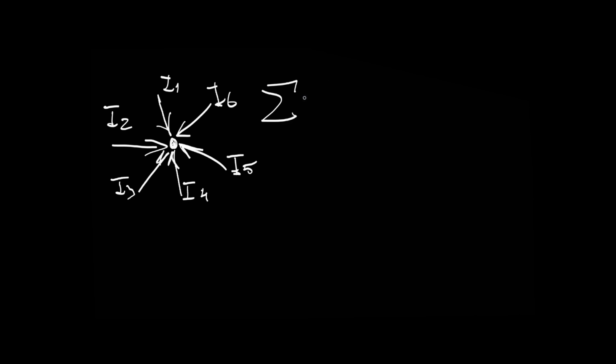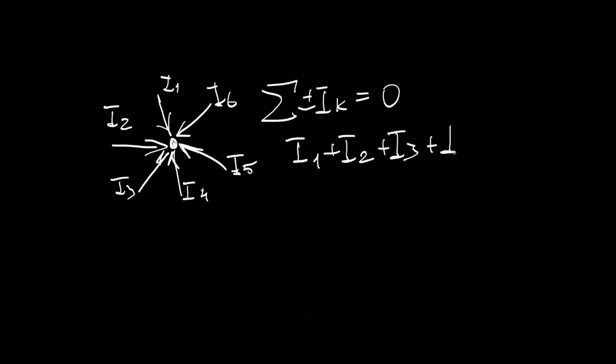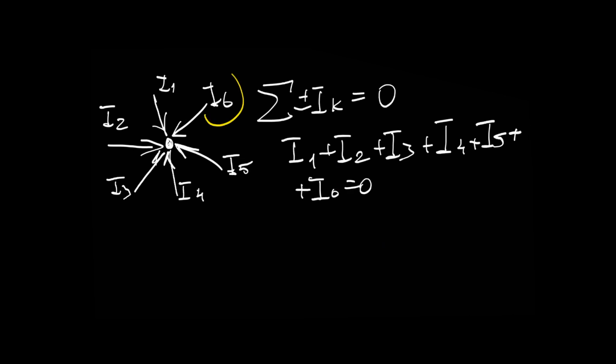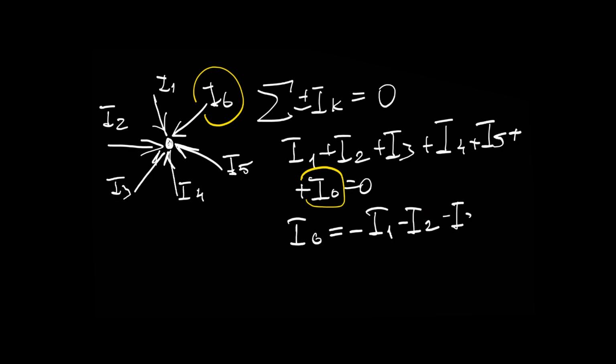What we will have in this situation, according to the Kirchhoff law, we have I1 plus I2 plus I3 plus I4 plus I5 plus I6 equal to 0. So we need to find, for example, the same I6 current. So let's get started. I6 is minus I1 minus I2 minus I3 minus I4 and minus I5.